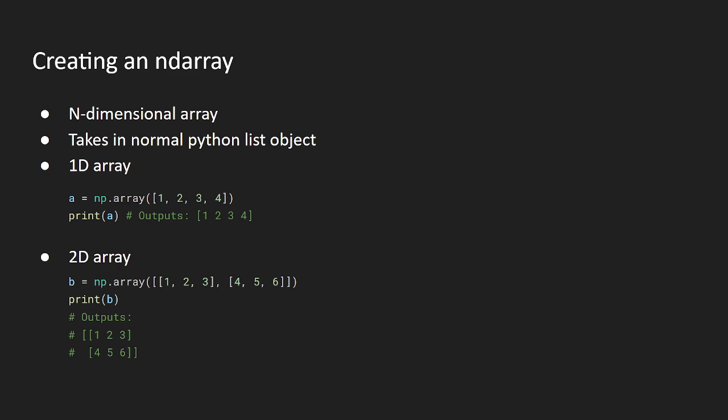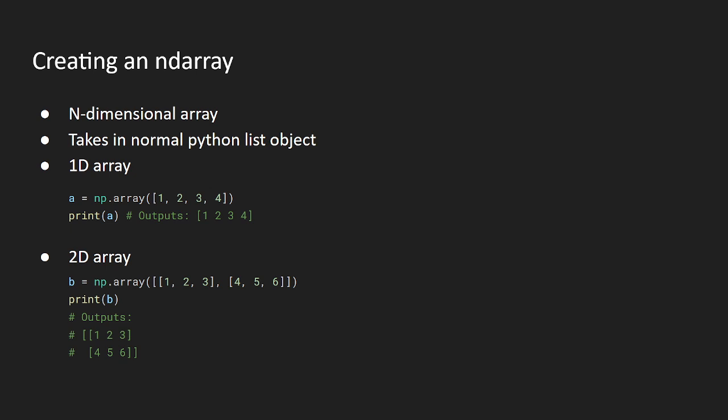Okay, so the way NumPy addresses the array problem is using what they call an ndarray. ndarray stands for n-dimensional array, like 1, 2, 3-dimensional, even 4-dimensional if you want, or more.